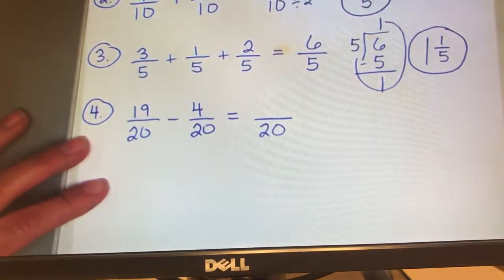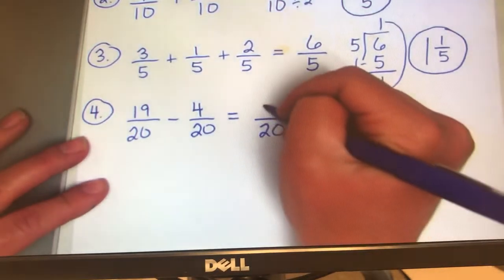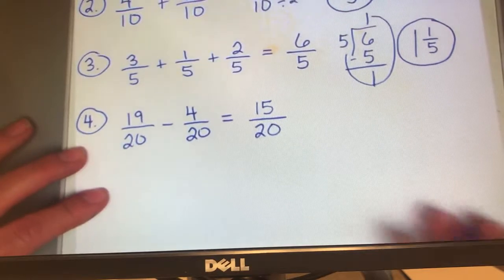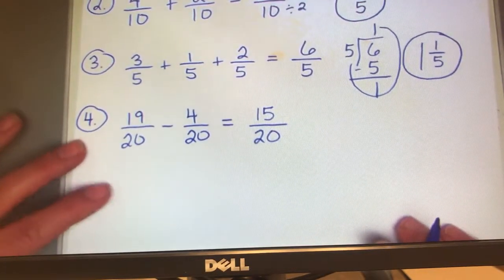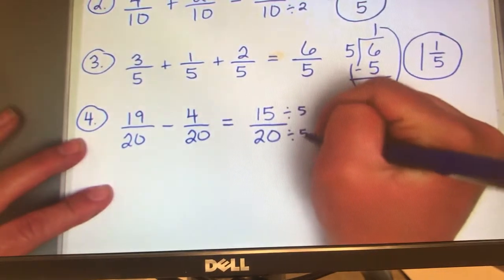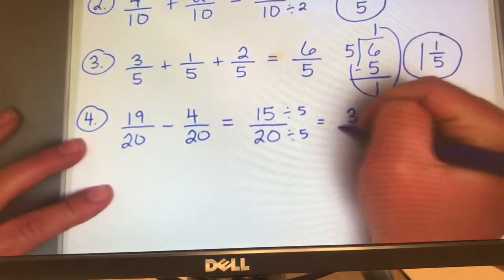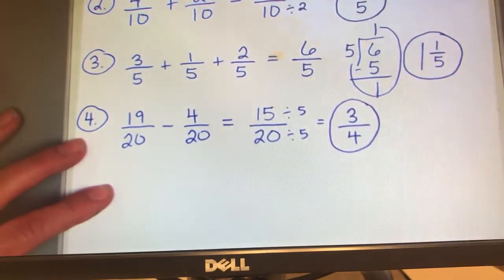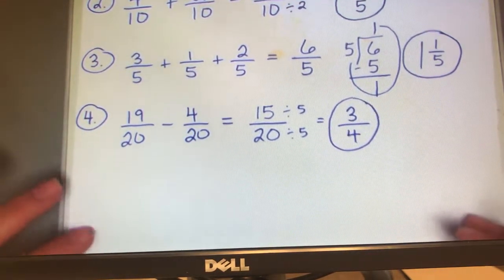So I'm going to bring 20 over as my denominator. 19 minus 4 is 15. 15/20 is the right answer, but it's not in simplest form because these both can be divided by 5. 15 divided by 5 is 3. 20 divided by 5 is 4. So my answer in simplest form is 3/4.